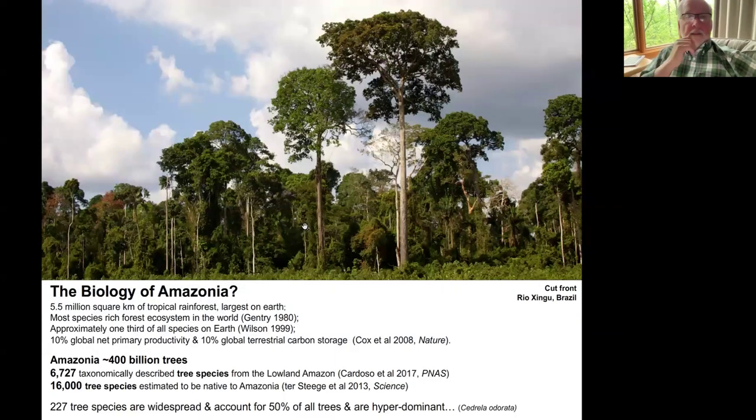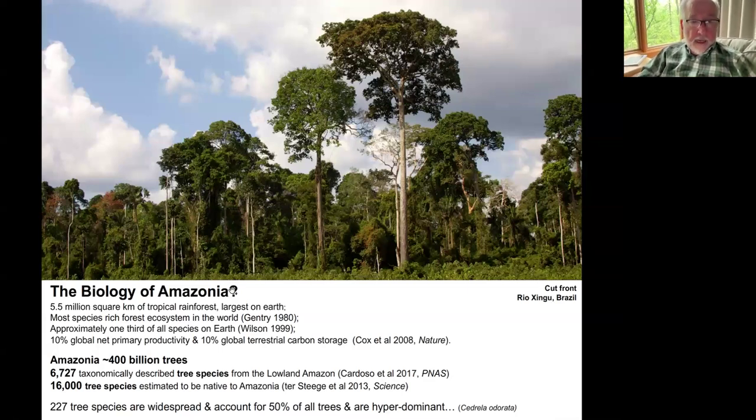And so I'm going to talk about the Amazon. First, I want to say something about the biology of Amazonia. I took this photo on the Rio Xingu at the big construction site. So I'm standing in a devastated area looking at a partially degraded forest. It's a pretty shot.